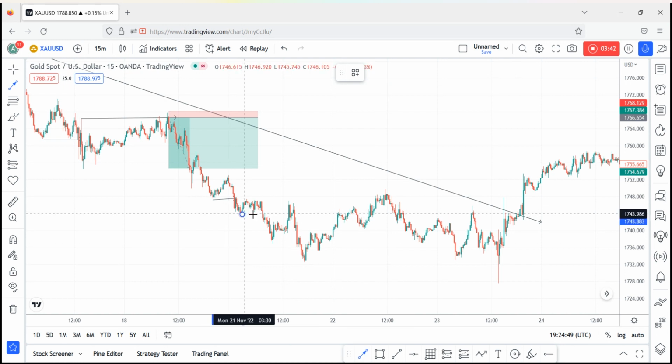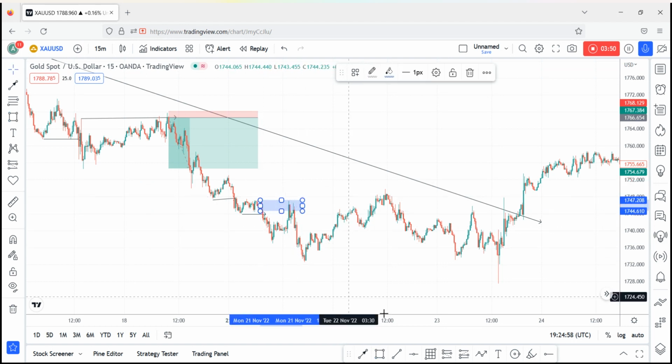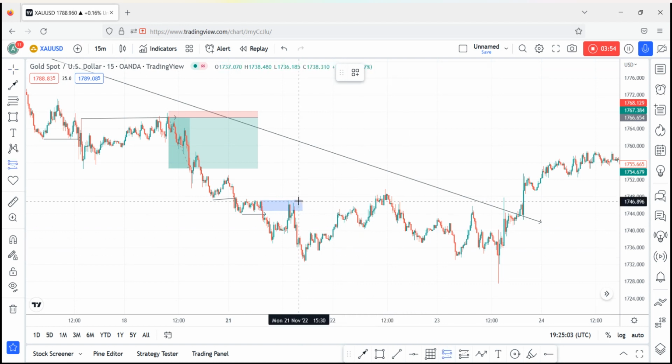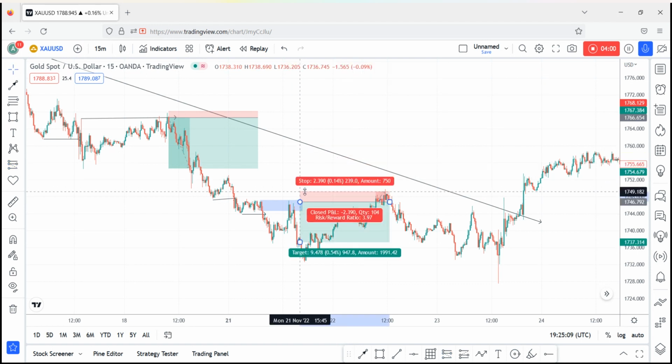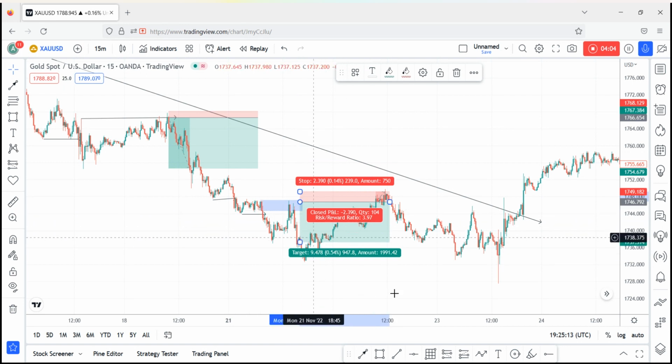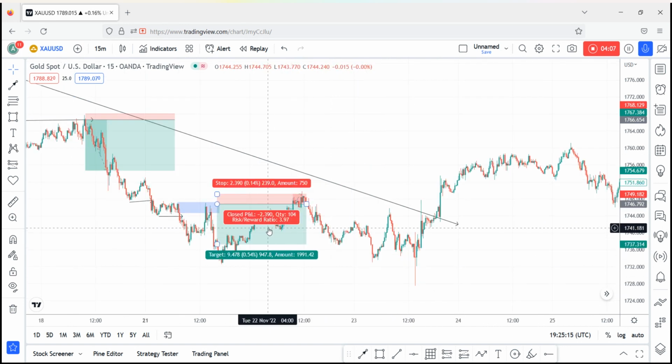Again made a break of structure, but this time price made a pullback and mitigated our demand zone, and then again went bearish. You just have to place your stop loss just above this zone and target this low. So that was again a very beautiful trade, that is a 1 to 4 risk reward ratio.